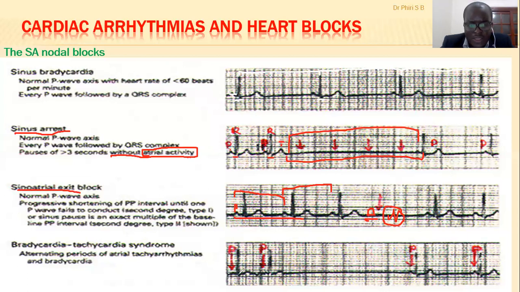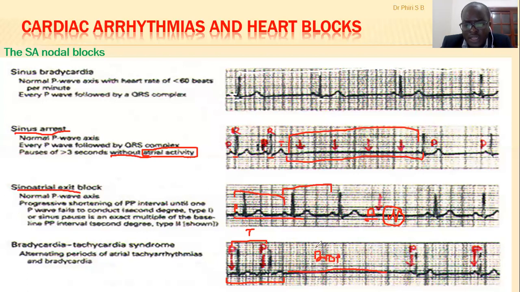So you can see from this ECG that the PP interval here is reduced. If the PP interval is reduced, it means you're going to accommodate more heartbeats per minute. So this portion is showing tachycardia. Here you have a tachycardia that is followed by a portion where you have dropped beats.